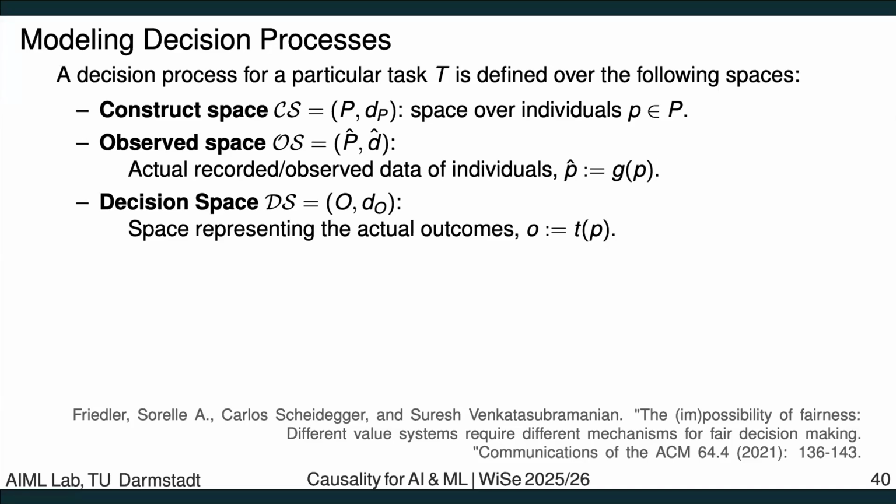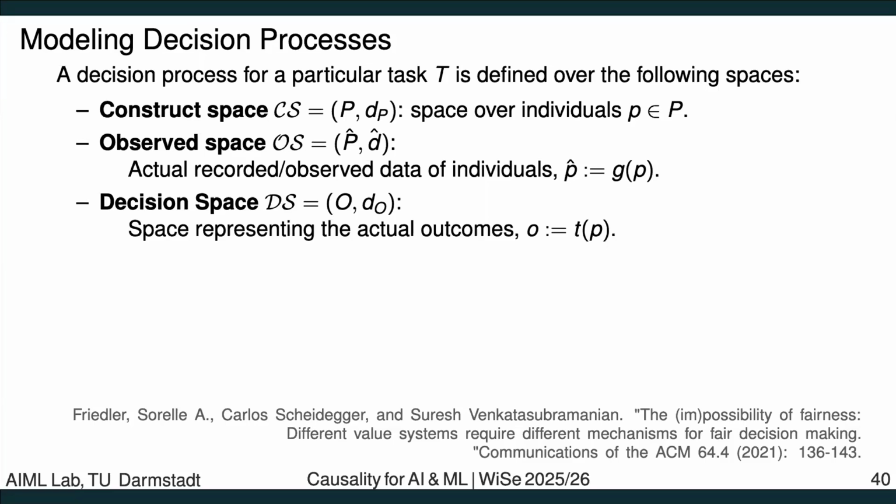We might not be aware of all the data, but in fairness, what is commonly done is that we want to take some decision which should be fair with regard to some construct, to some quantity. So this is usually defined in this sort of construct space.